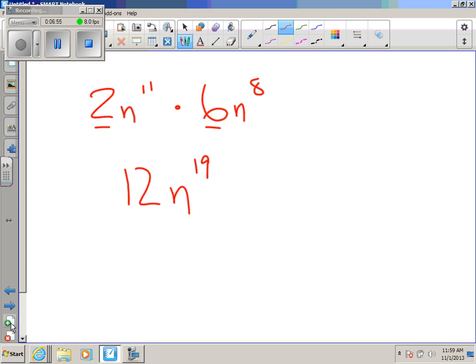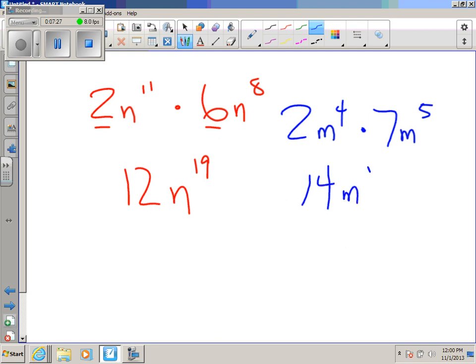We did 11 and 8. Two m to the 4th times 7 m to the 5th. Yes. 14 m to the 9th.